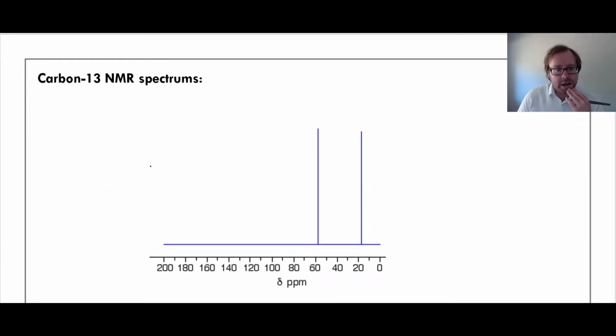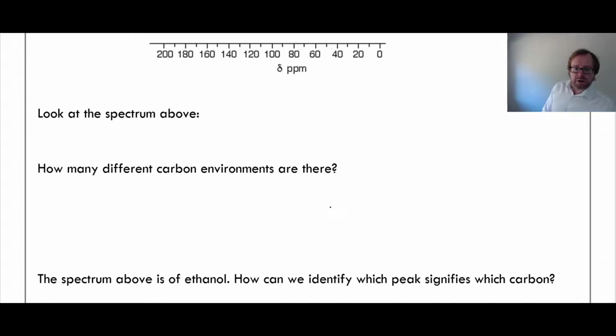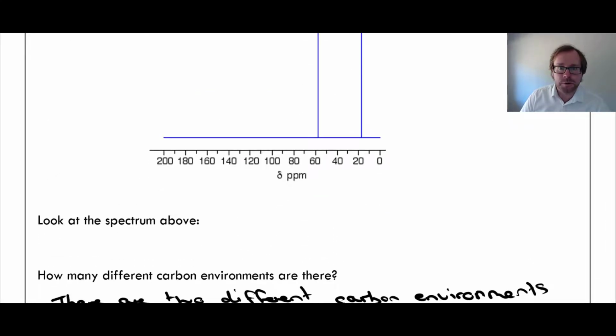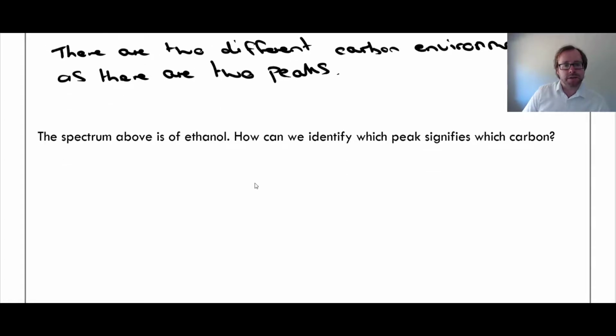So here's another spectrum I have, and I have 2 peaks. So how many different carbon environments are there? I'm sure you're going to be able to work this out. I'll give you a second. Okay, I'm sure you've managed to work this out. We've got 2 peaks, therefore there must be 2 different carbon environments. So the spectrum above is of ethanol.